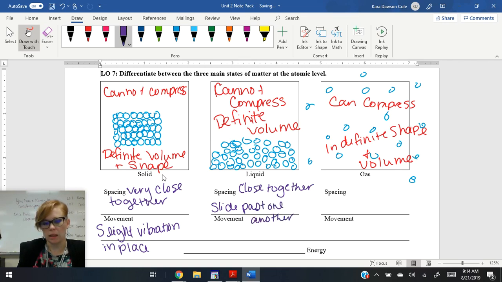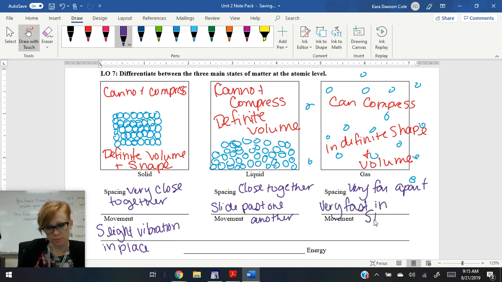Again, these are very, very close together. These are close together, but they're kind of separated. There's a lot of movement within a liquid, not as much movement in a solid. So my spacing for a gas is very far apart, unless I push them together. If I compress them down, then they would come closer together. My movement for a gas is very fast in straight lines.